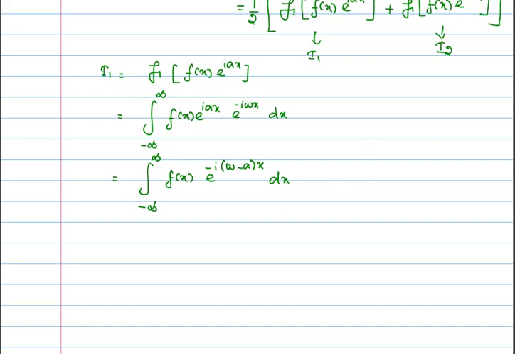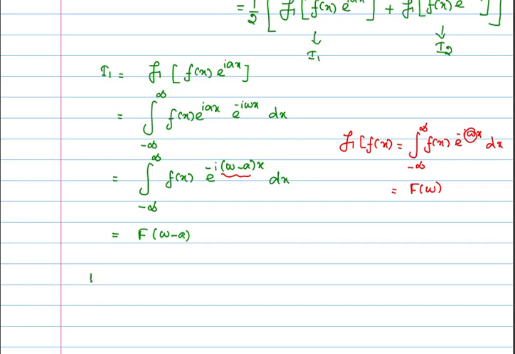The Fourier transform of f(x) is the integral of f(x) e^{-i omega x} dx, which equals F(omega). So instead of omega here we have omega minus a, and this implies I can write F(omega minus a).